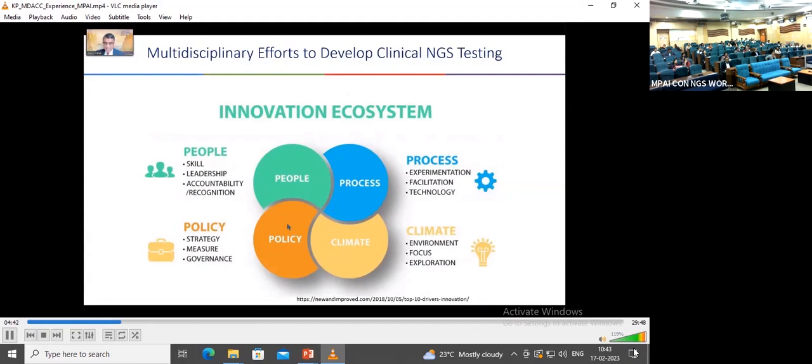At the same time, we create policies and procedures. These are all topics in themselves for longer talks and discussions, but I just wanted to recognize that implementation of NGS as a technology was in this framework where everything aligned.